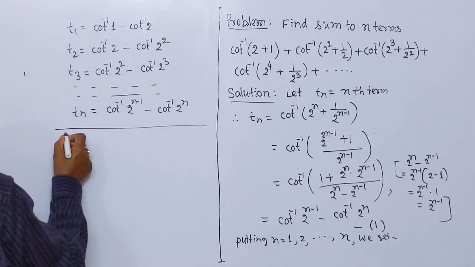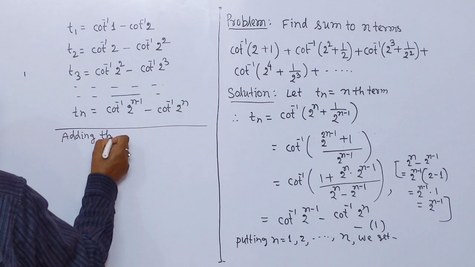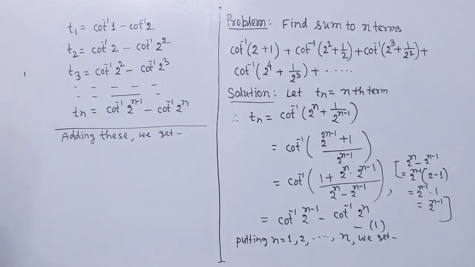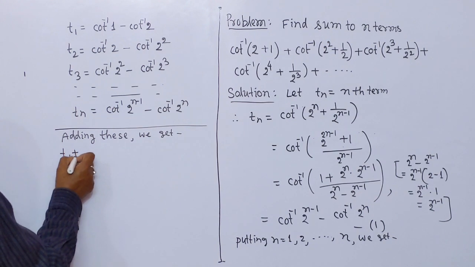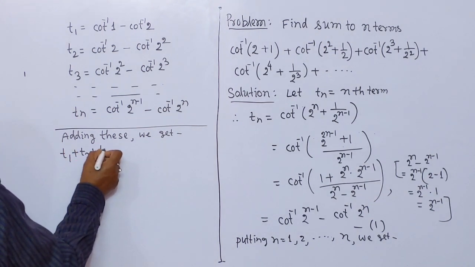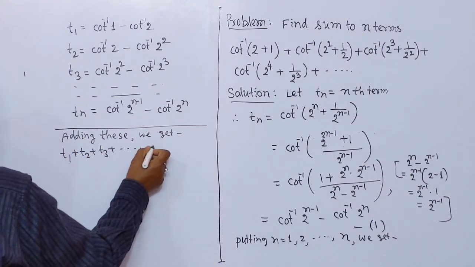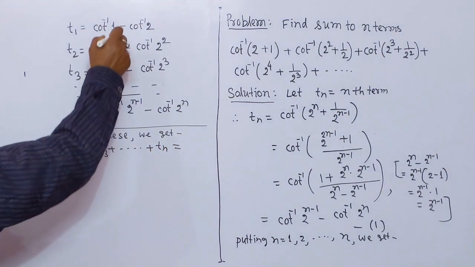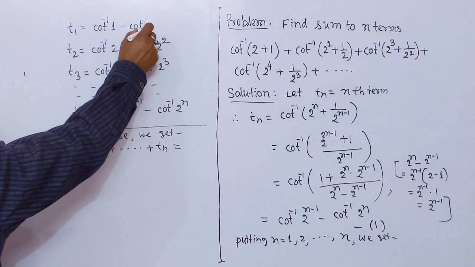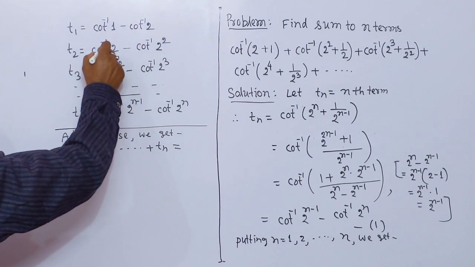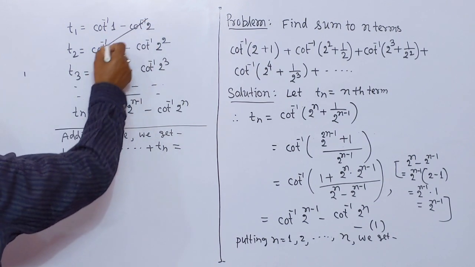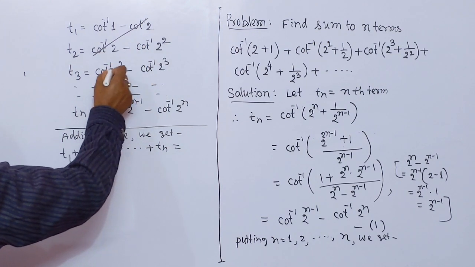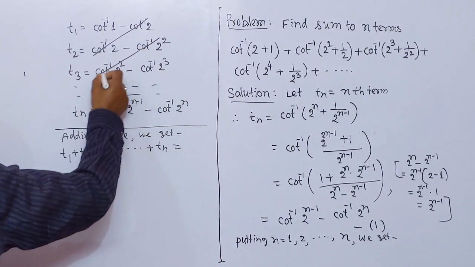Adding these, we get T1 plus T2 plus T3 plus dot dot dot plus Tn equal to, here cot inverse 2 negative sign, cot inverse 2 positive sign, cancel, cot inverse 2 square negative sign, cot inverse 2 square positive sign, cancel.